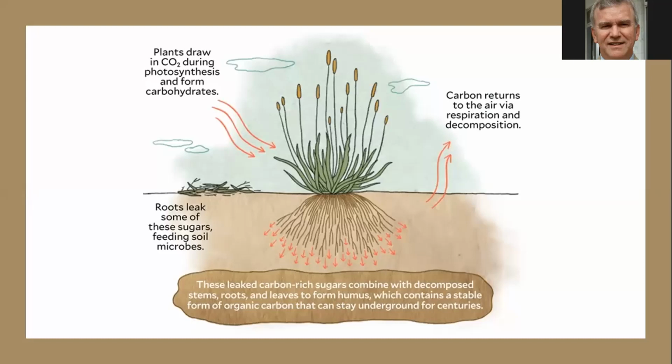And at the bottom, the text at the bottom of this graphic, these leaked carbon-rich sugars from organic matter combine with decomposed stems, roots, leaves to form humus. So all of the organic matter contributions to the soil decompose at a certain rate.